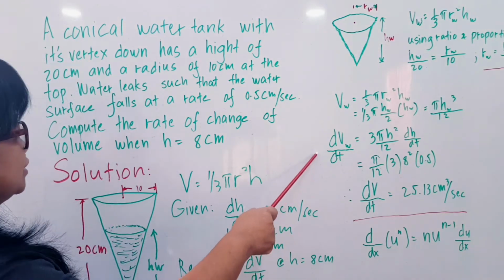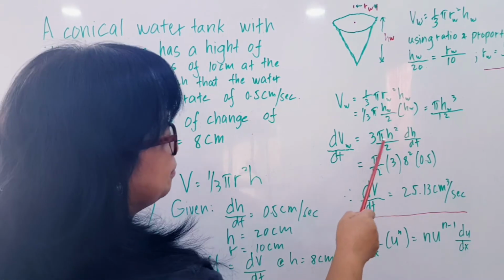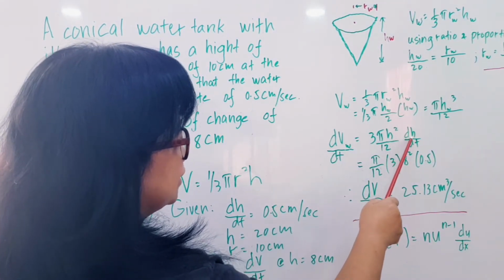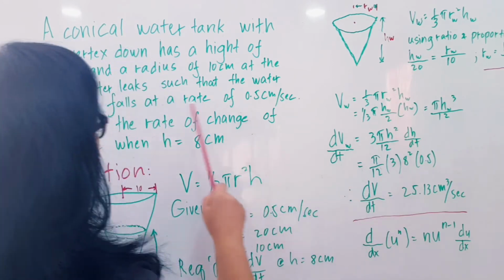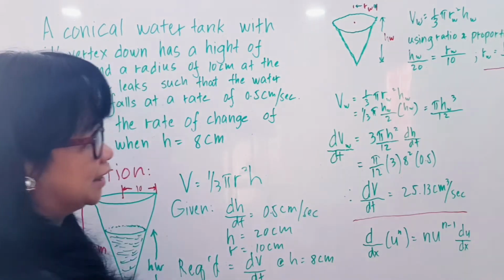The rate of change of volume is equal to 3 pi h squared over 12 multiplied by the rate of change kung saan bumaba yung tubig.